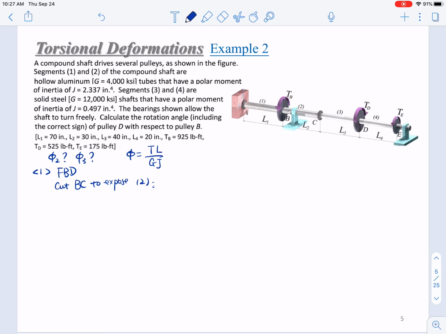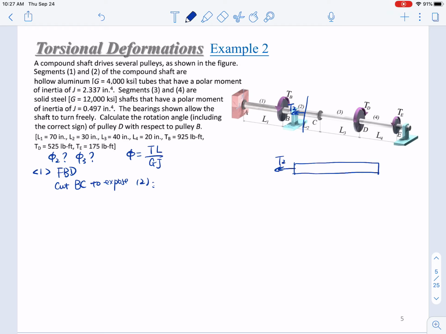If you cut it from here, make it free, then we use the free part, the red part, without restraint, and add T2 outward. So we will draw this here, and you have a T2.